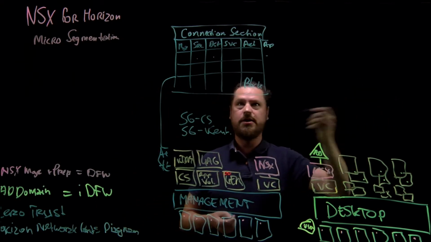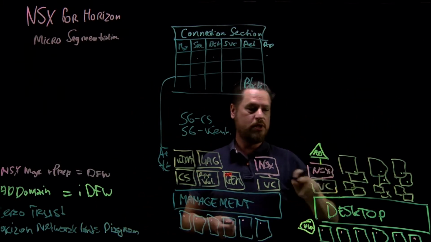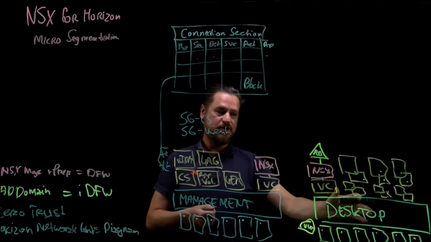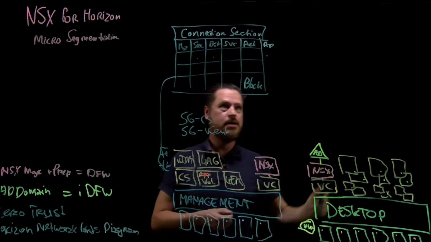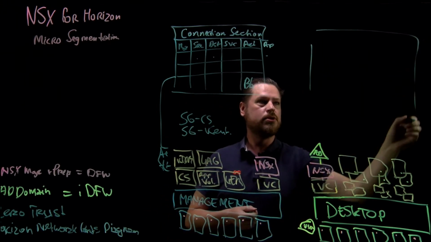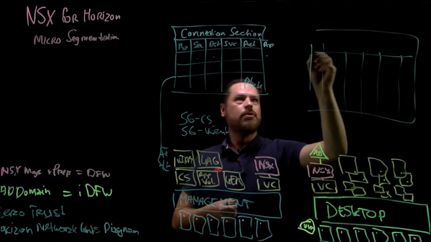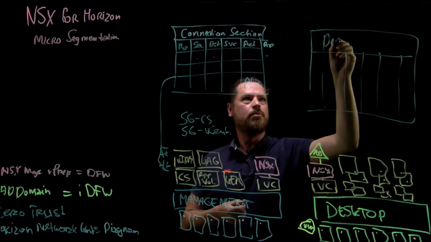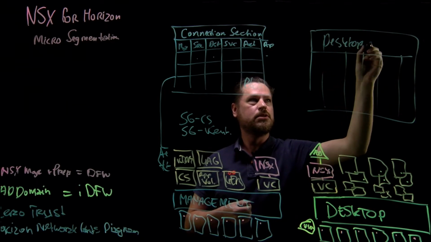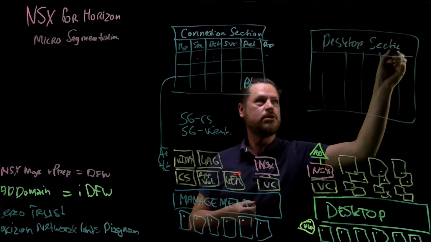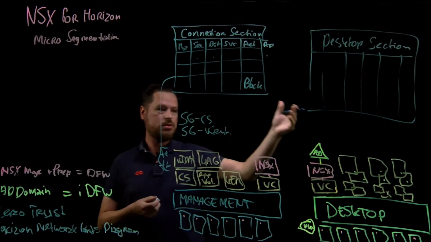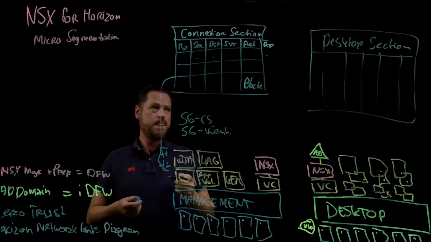And on the desktop side, we do exactly the same, only then with the interaction between the desktops and the management components. So we have several or one or more desktop sections with the same kind of order of rules in the desktop.